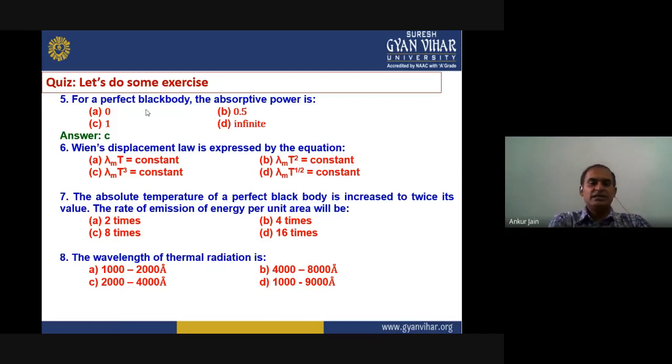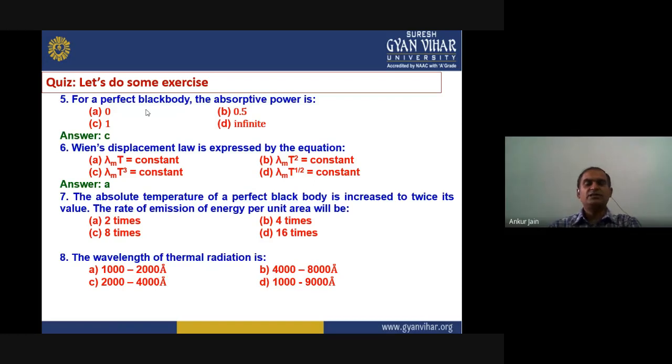The next question is, Wien's displacement law is expressed by the equation lambda_m into T equals constant, lambda_m into T square equals constant, lambda_m T to the power 3 equals constant, or lambda_m under root T equals constant. So the right answer is option A, lambda_m into T equals constant. The next question is, the absolute temperature of a perfect black body is increased to twice its value.